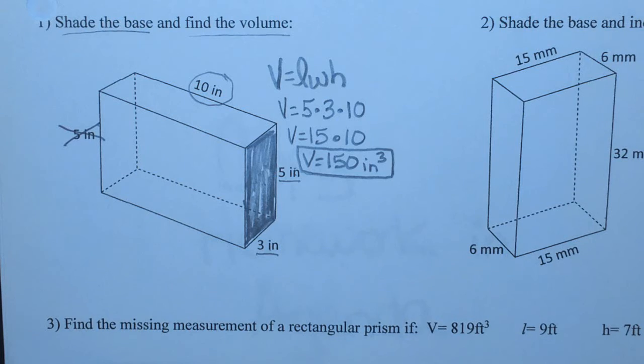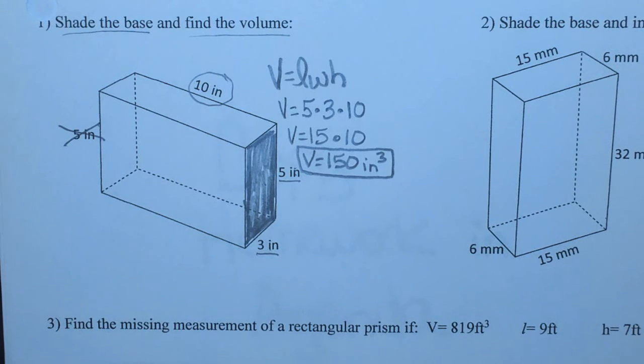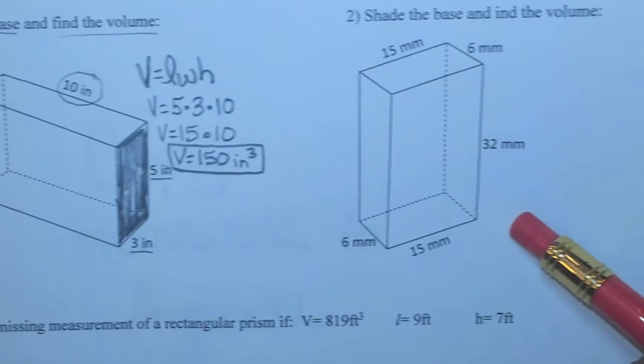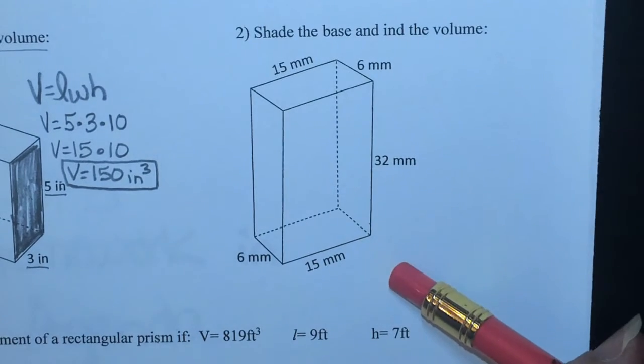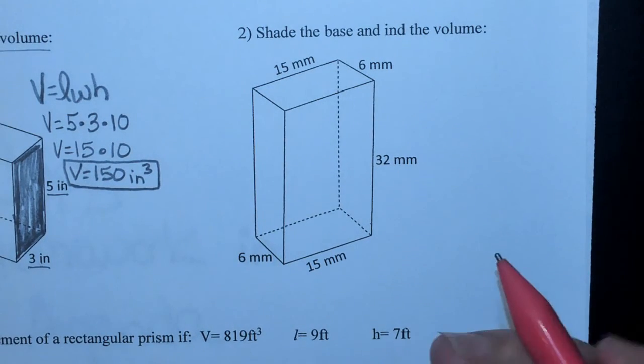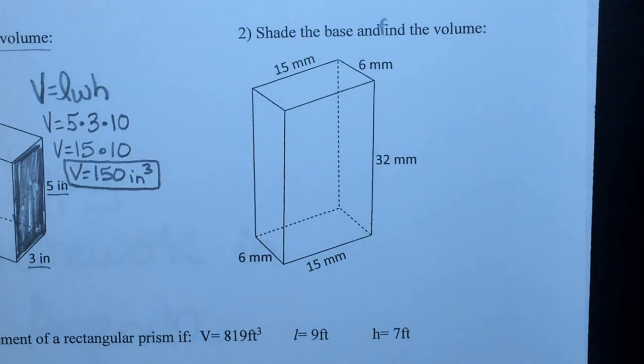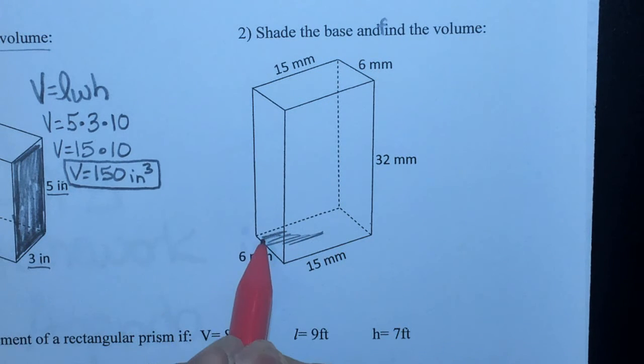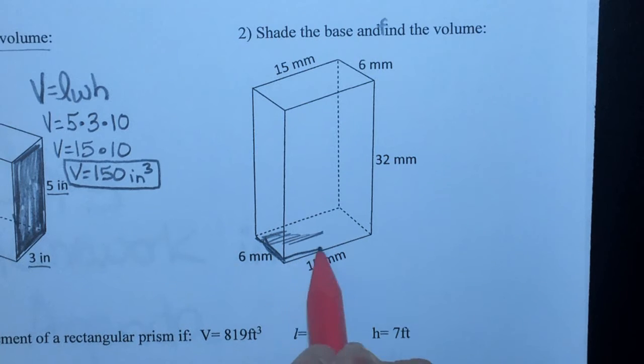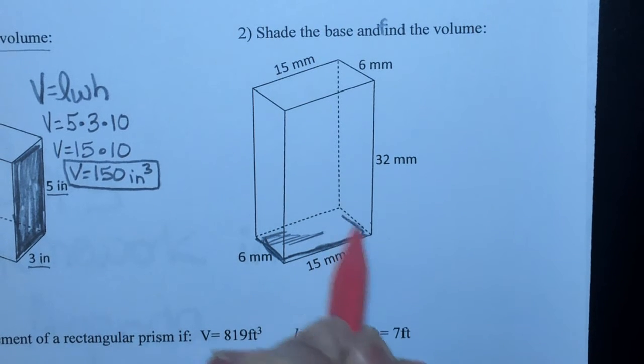On number 2. Here I go. Okay. On number 2, shade in the base and find the volume. I know the F is missing. Find the volume. Okay. I'm going to use, I don't know, this one is the base, I guess. I can tell that it is a 6 by 15.